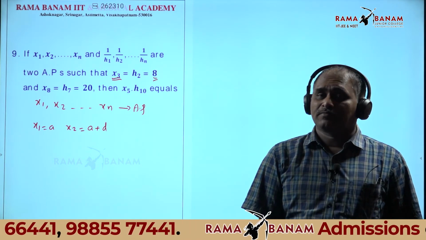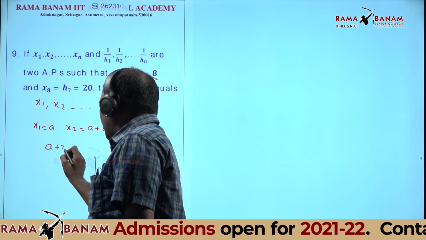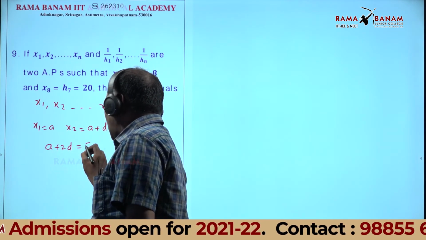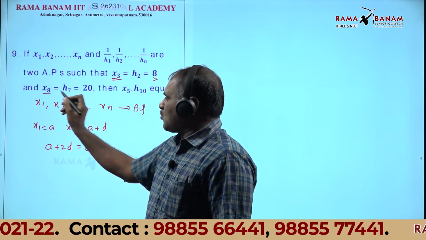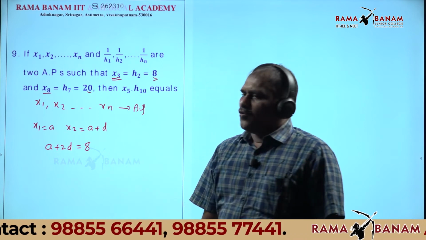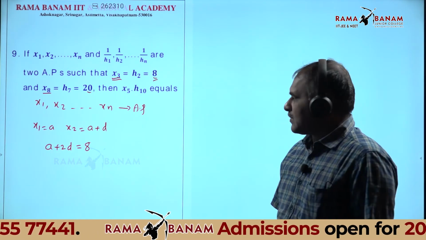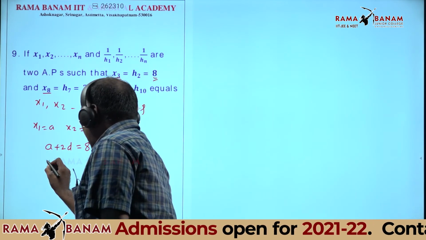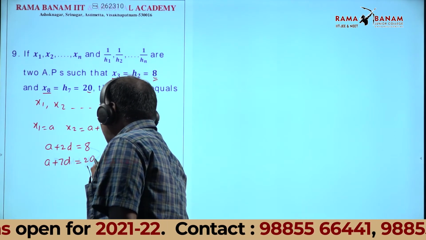a plus 2d. Therefore, a plus 2d is equal to 8. And x8 is equal to 20 is given. What is the x8 formula? a plus 7d. Therefore, a plus 7d is equal to 20.